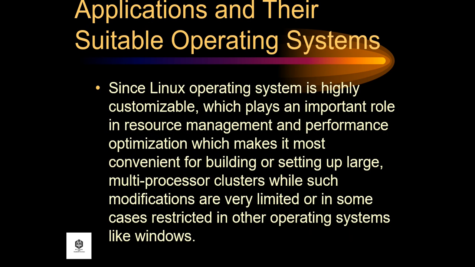Since the Linux operating system is highly customizable, which plays an important role in resource management and performance optimization, it is most convenient for building or setting up large multiprocessor clusters, while such modifications are very limited or in some cases restricted in other operating systems like Windows.